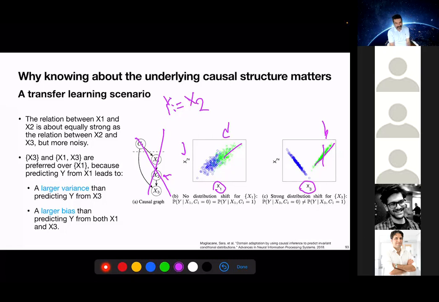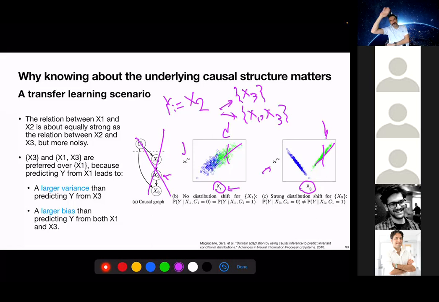So one may say, hey, I'm going to use X3 as the predictor, and maybe I also consider X1 and X3. These are my choices for using as the features or predictors for predicting X2. Nobody says that I only consider X1. Why? Because it is too noisy. Even though it's correlated, it's too noisy.